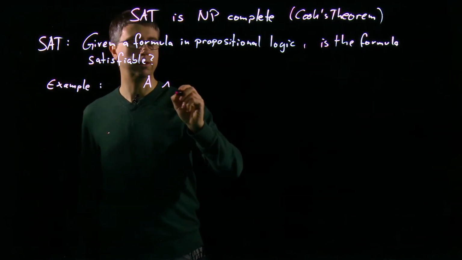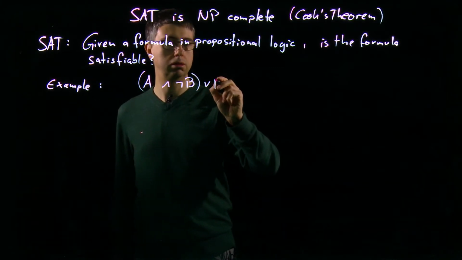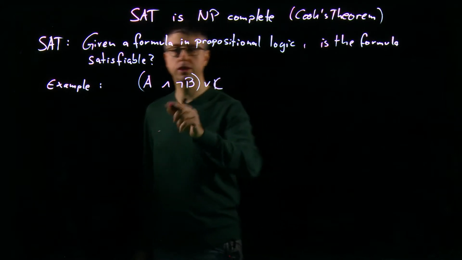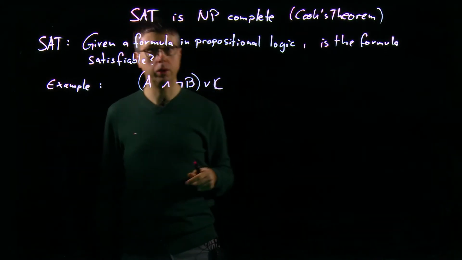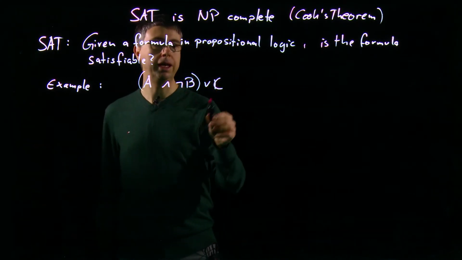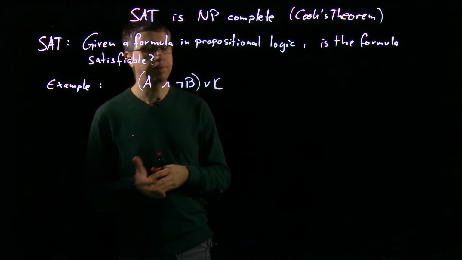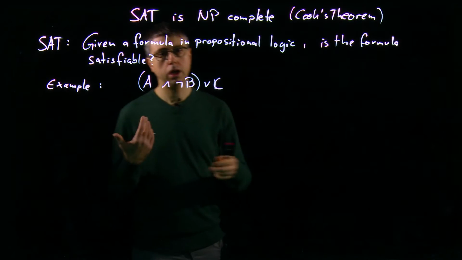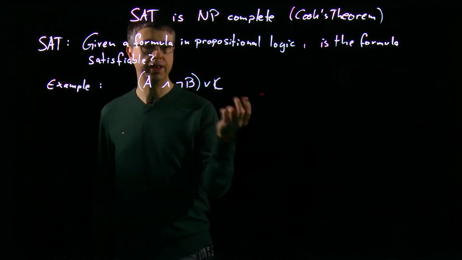Okay, let's take an example. This might be a formula in propositional logic. We have atomic propositions like A, B, and C, and we use these propositions to build a formula like this one, A and not B or C. Question is, is this satisfiable, yes or no? What we can do is just guess some valuations of the A's and B's.